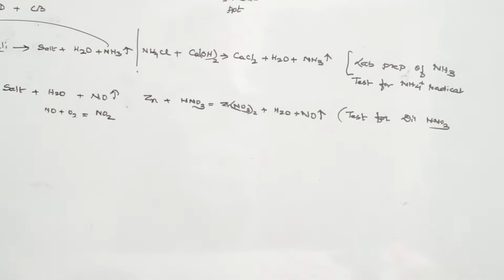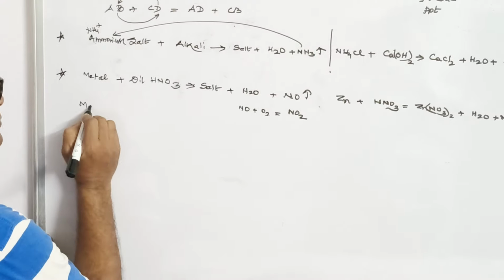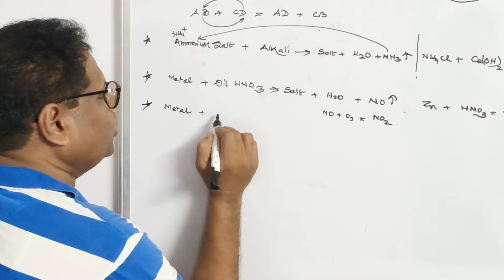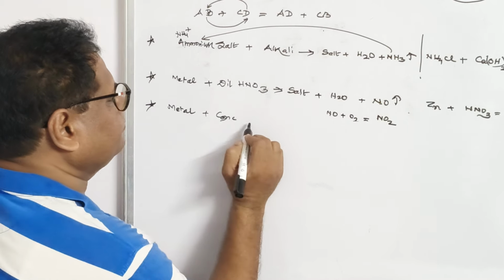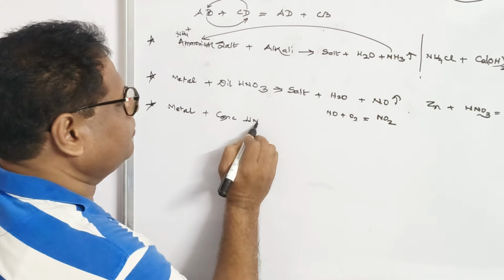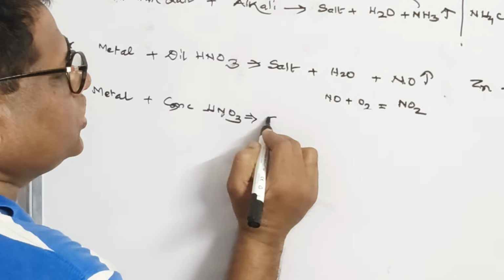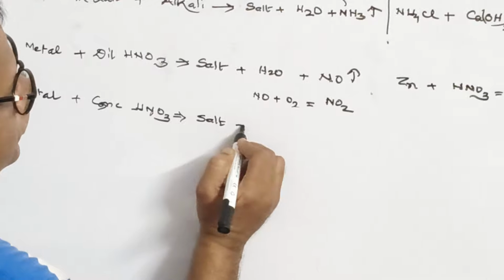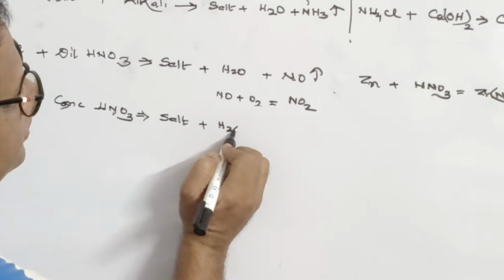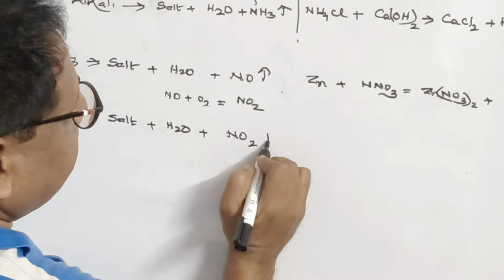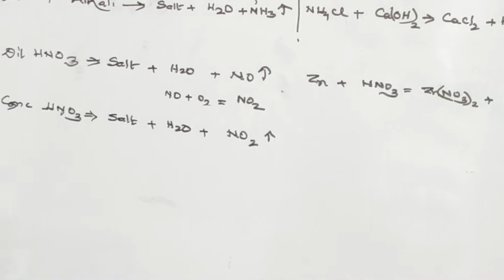What about if it is concentrated? If you react the same metal with concentrated HNO3, it will form salt plus water plus NO2. Look at the difference. There is a slight difference.